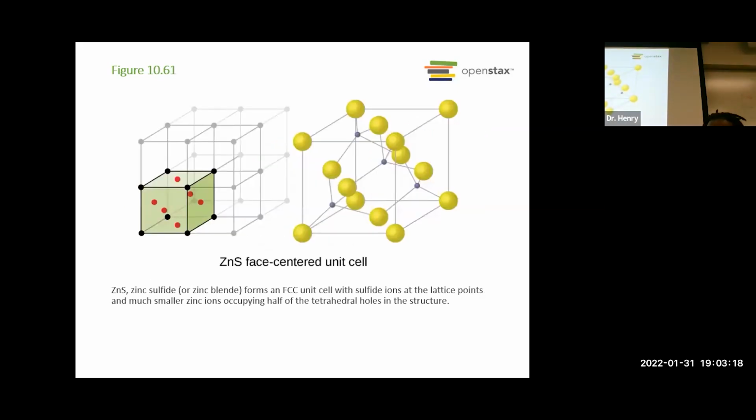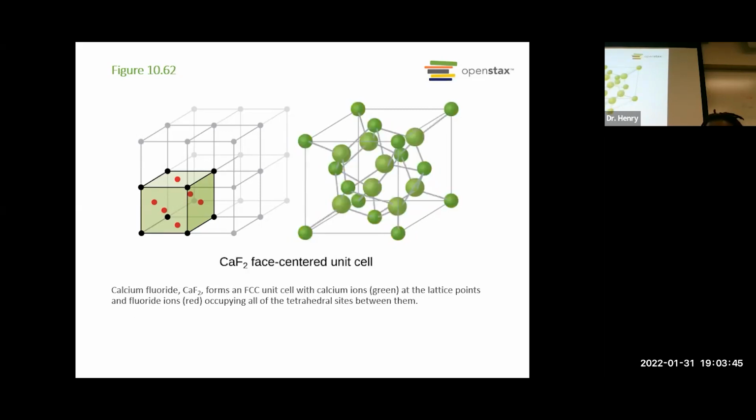This here is an example of zinc sulfide. Okay, face centered as well. Zinc, the sulfur. And then you have the zinc that's going to be in between those. This one here is a calcium fluoride face center.